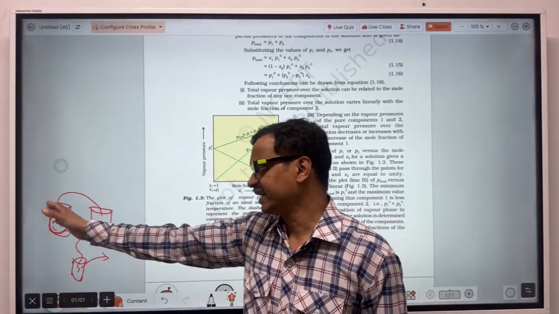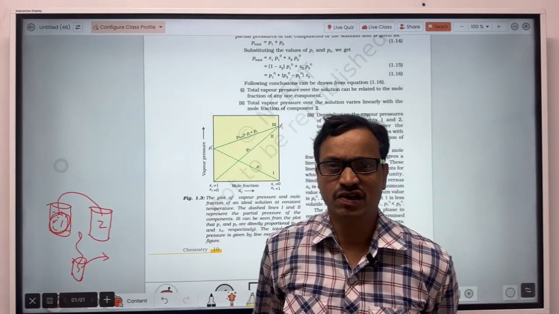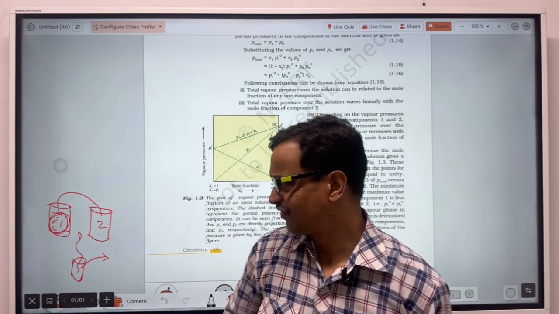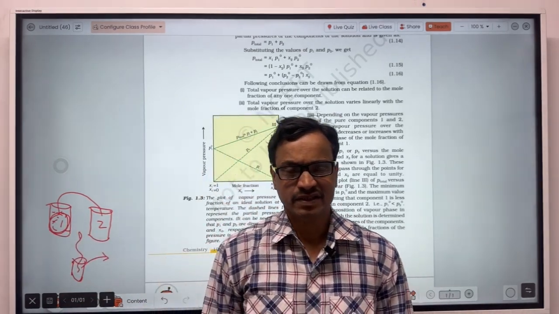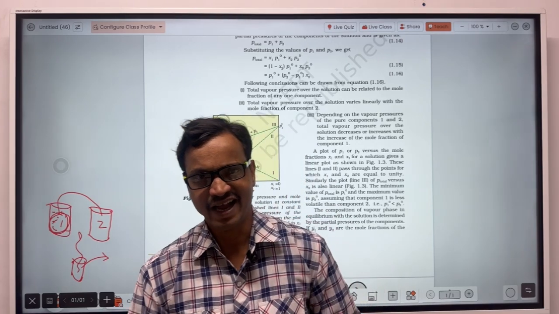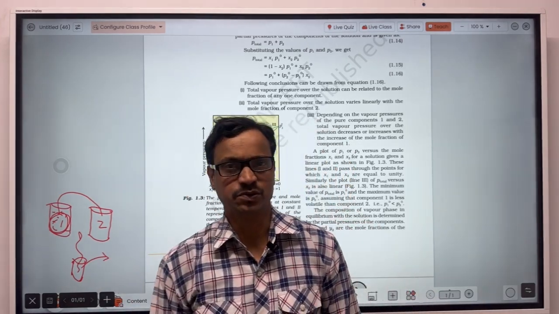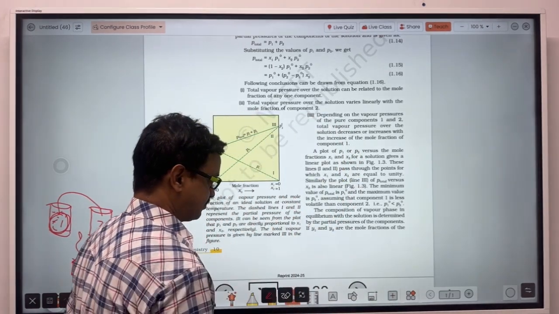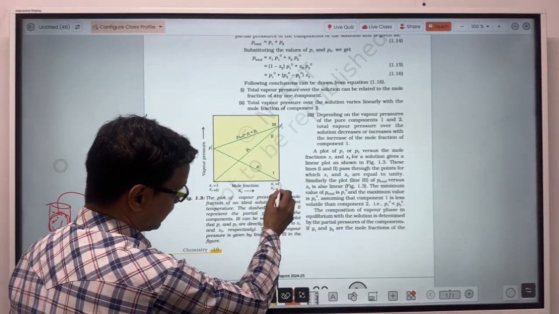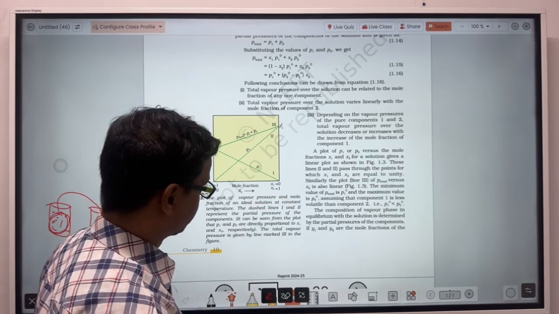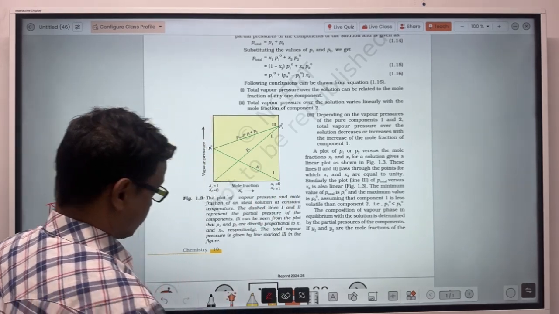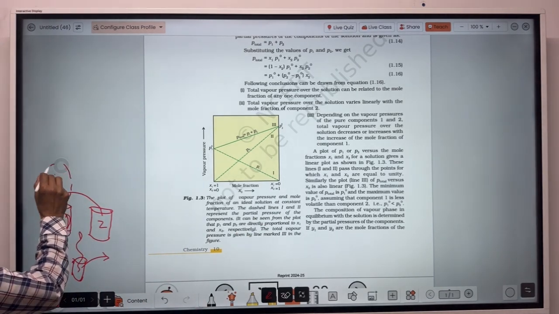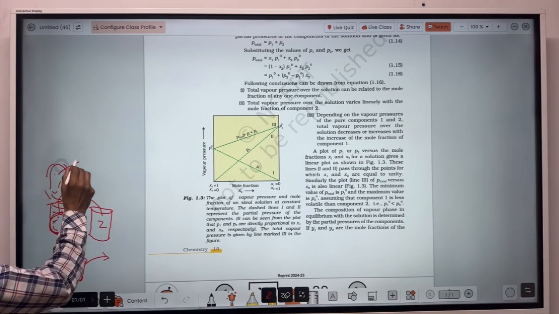When you add a large amount of liquid 2 in liquid 1, the mole fraction of liquid 1 will be nearly 0 and the mole fraction of liquid 2 will be approximately 1. So at this state, the mole fraction of liquid 1 is 0 and the mole fraction of liquid 2 is 1.